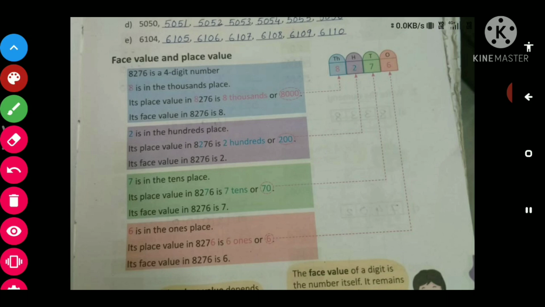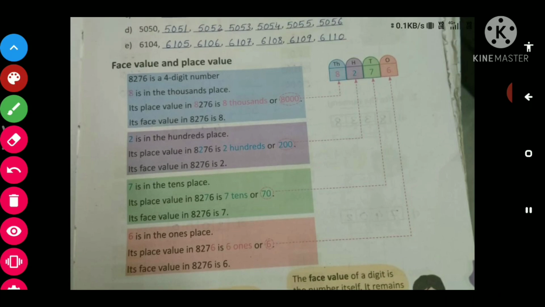Okay? So if any 4-digit number is there, suppose 1, 2, 3, 4. This number is a 4-digit number because here 4 numbers are there, right?